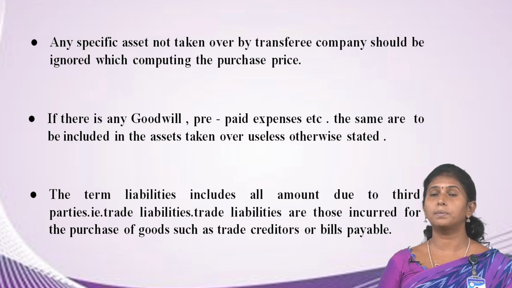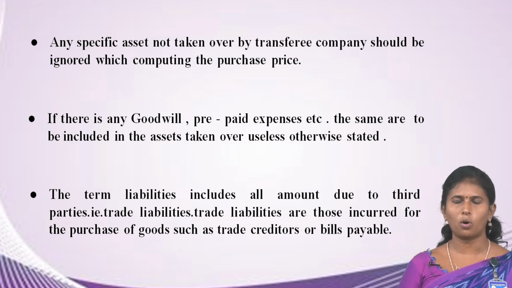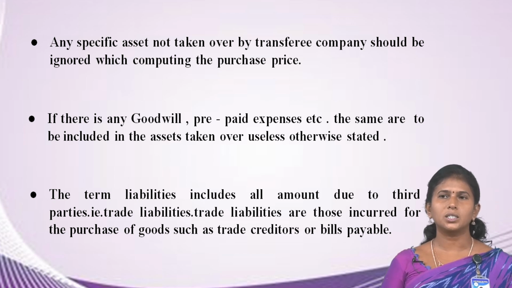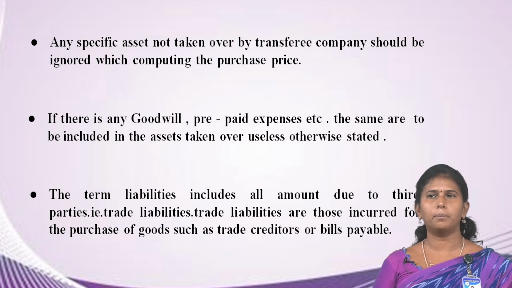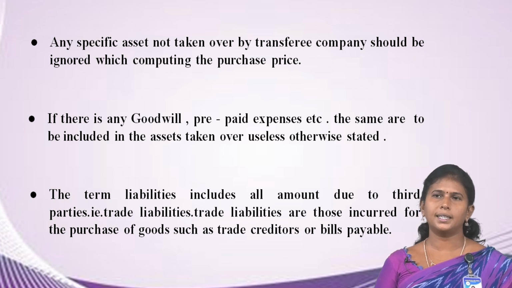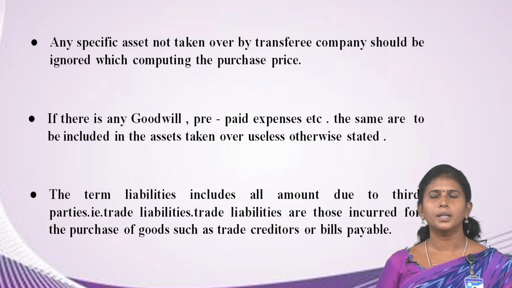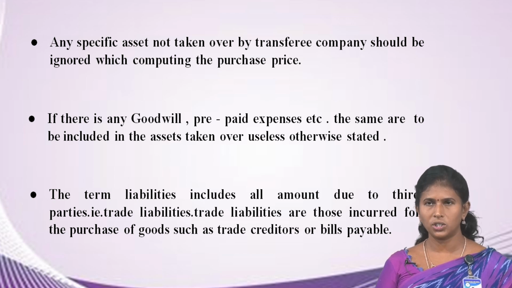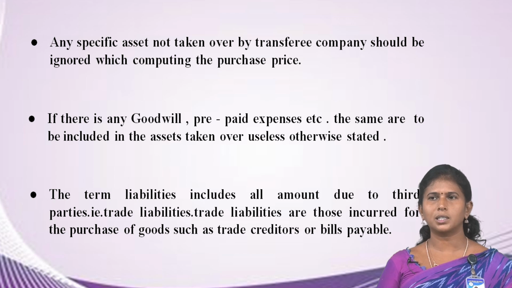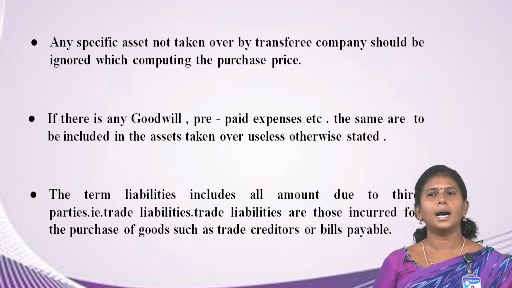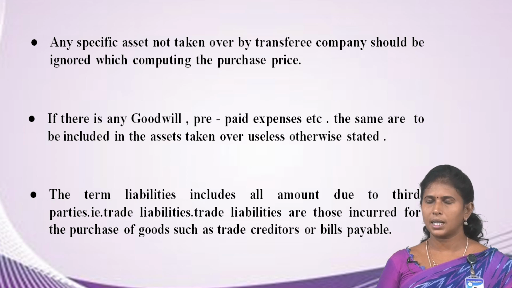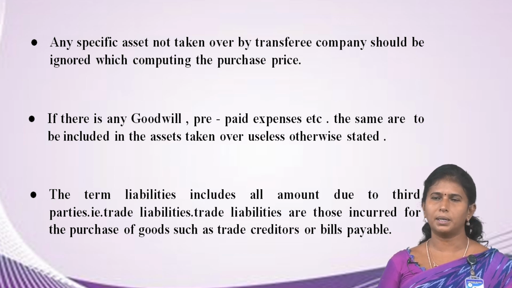If it is specifically mentioned in the problem that goodwill and prepaid expenses are not taken over, in such a situation you will not take them. But if it is not so mentioned, you will take goodwill and prepaid expenses also, along with the realized value of assets, while calculating purchase consideration under the net asset method.